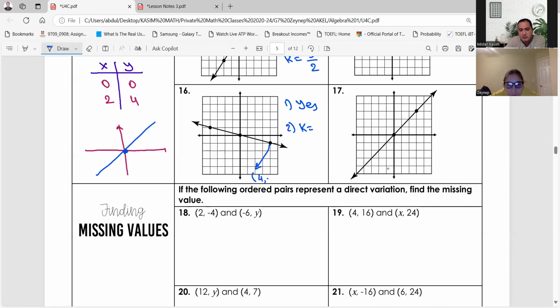Yes, 4. -1, right? Where did we get -1? Going down, this point, what is this point? Is it -1? And this one is 4. Okay, right? So it is y over x. That's why it's equal to -1 over 4.